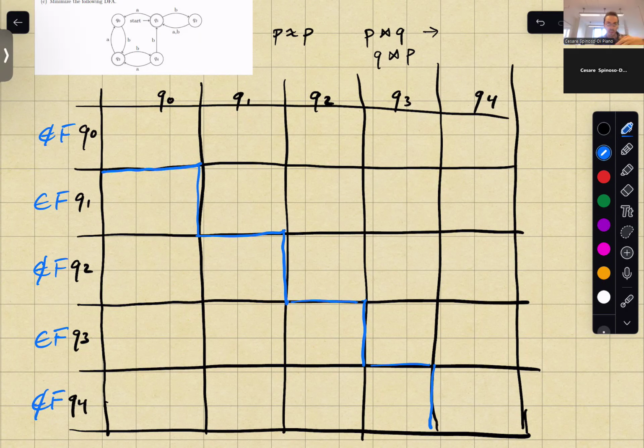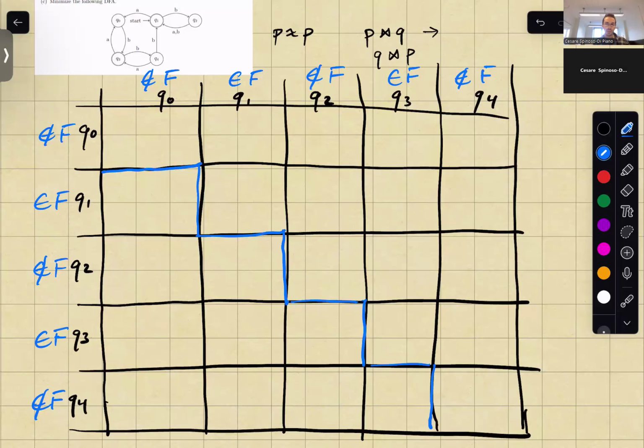And it's the same thing for the columns, because they're the same as the row entries. Okay, so we get this.